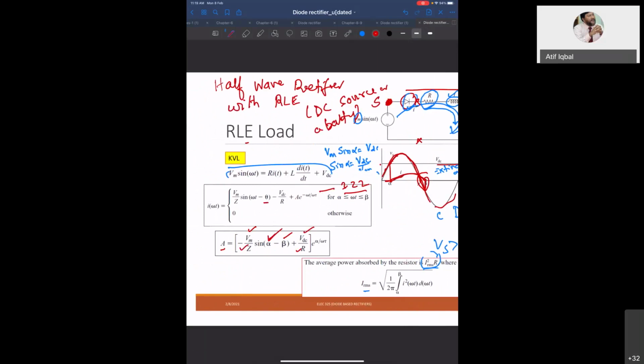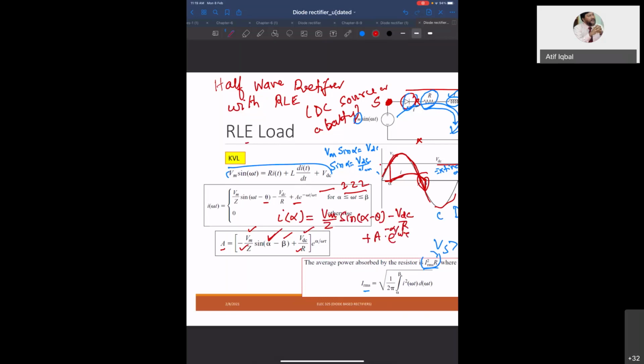to get the value of A, we can put omega t is equal to alpha. If I put omega t is equal to alpha, we will have Vm by Z into sine of alpha minus theta minus VDC by R plus A into e to the power of minus alpha by omega tau.